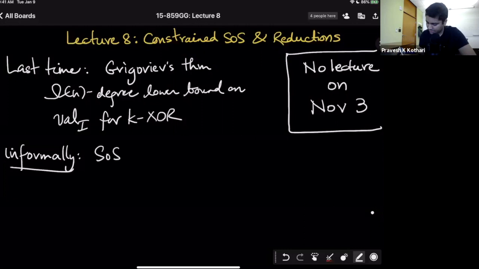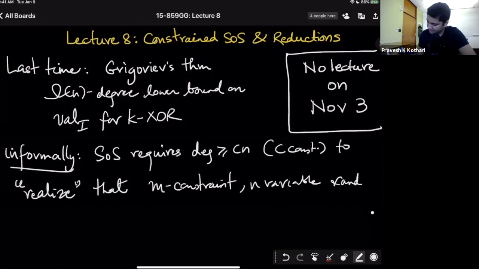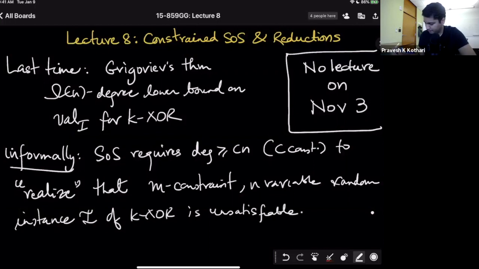So sum of squares requires degree bigger than cn, c constant, to realize that this m constraint, n variable random instance we constructed last time is unsatisfiable. So that's what we proved last time, and that's just an informal way to understand it.